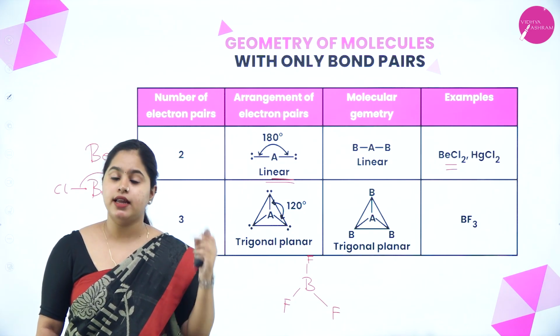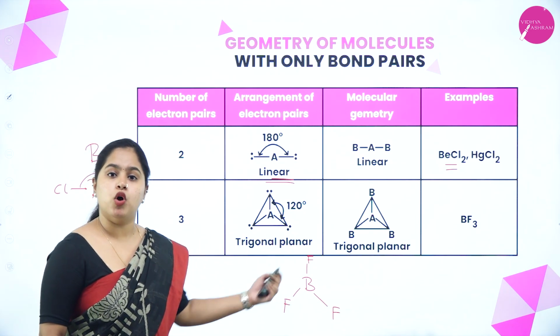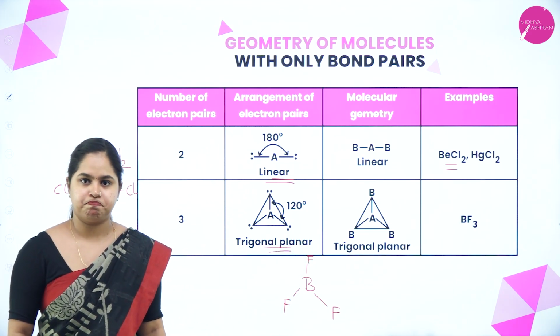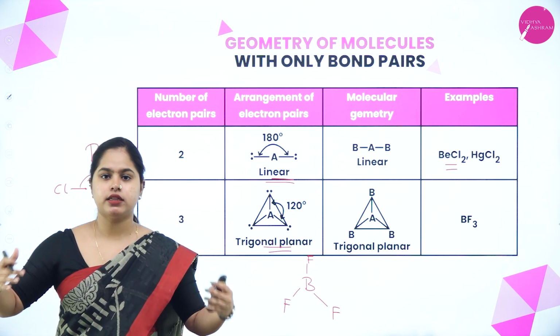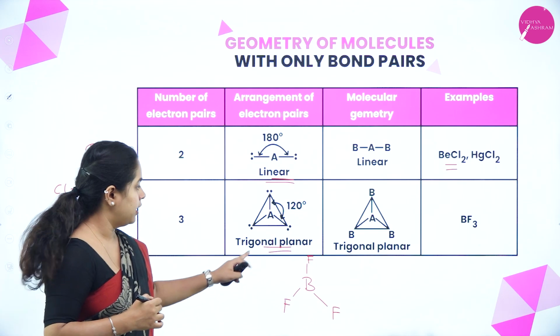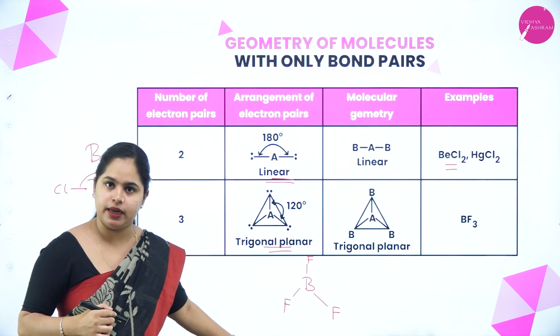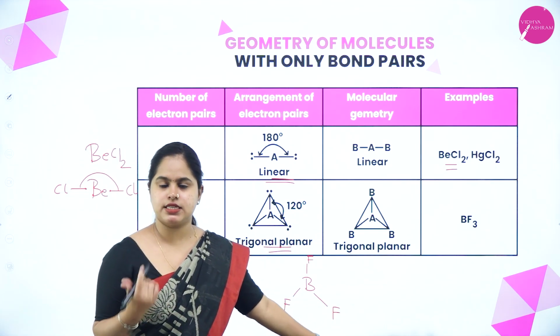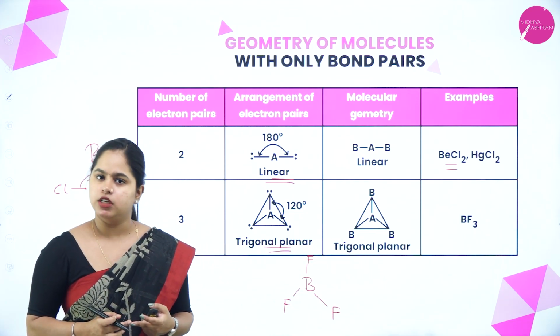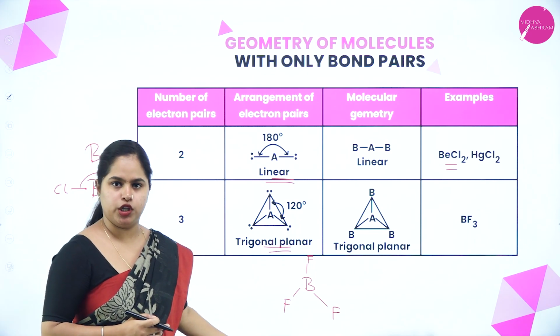So if there are 3 electron pairs, the molecule tends to obtain trigonal planar shape. All the 3 bonds will be in the same plane in a triangle shape. Hence, trigonal planar geometry, and the shape will also be the same, as I said, only bond pairs. So trigonal planar will be the geometry. Clear for BF3 molecule?